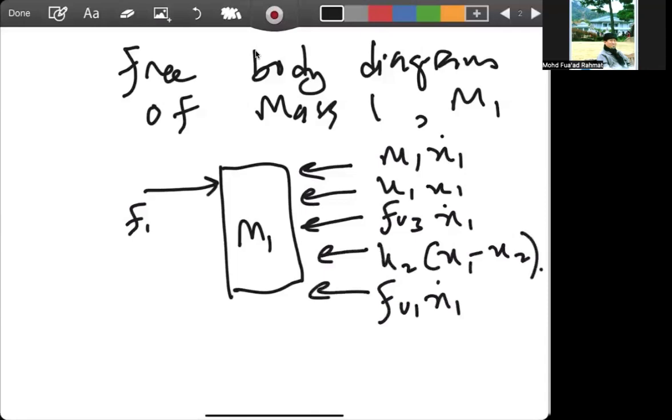So from here we derive the differential equation.